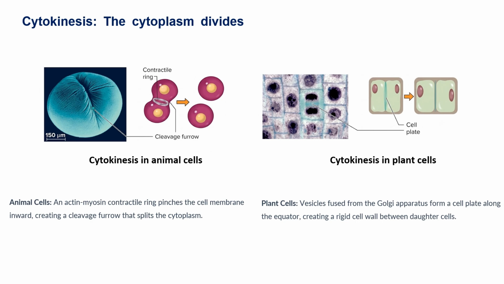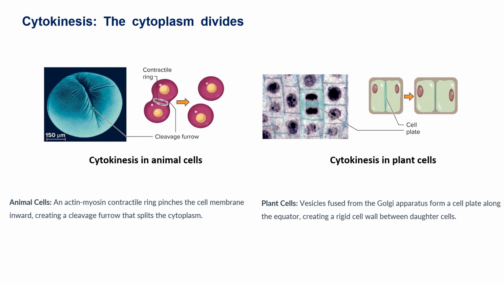Let's look at how cytokinesis occurs in both plant cells and animal cells. Because animal and plant cells have fundamental structural differences, they achieve cytokinesis in two completely different ways.